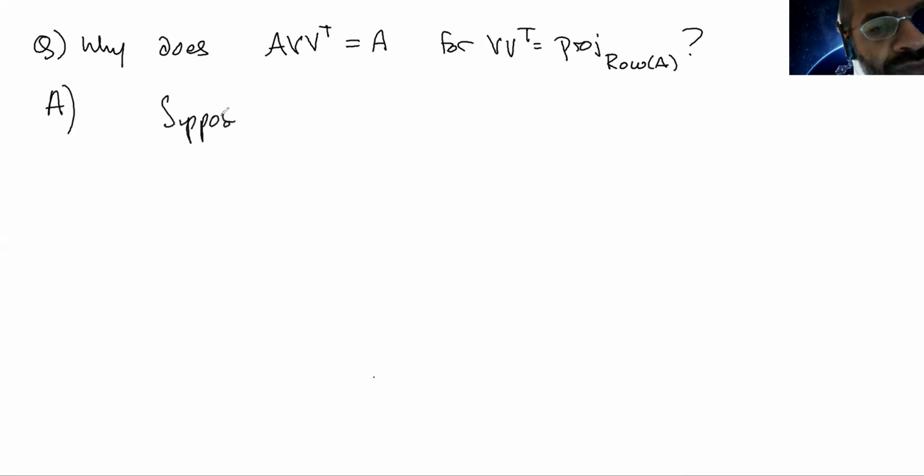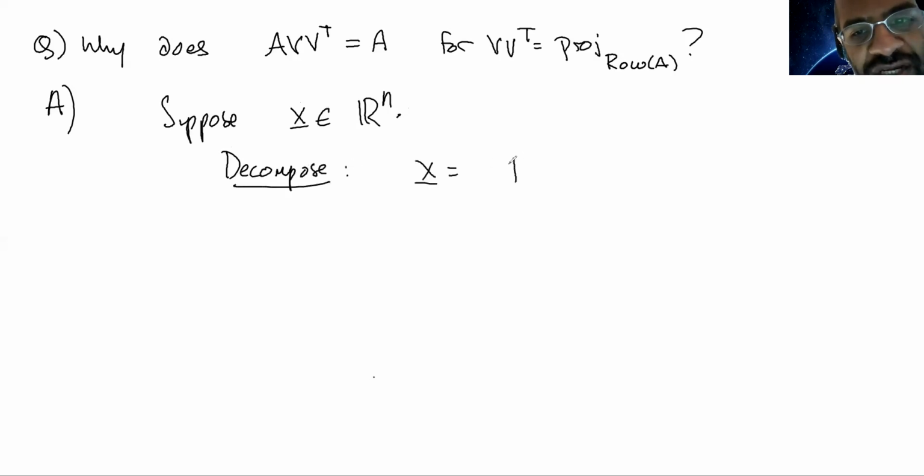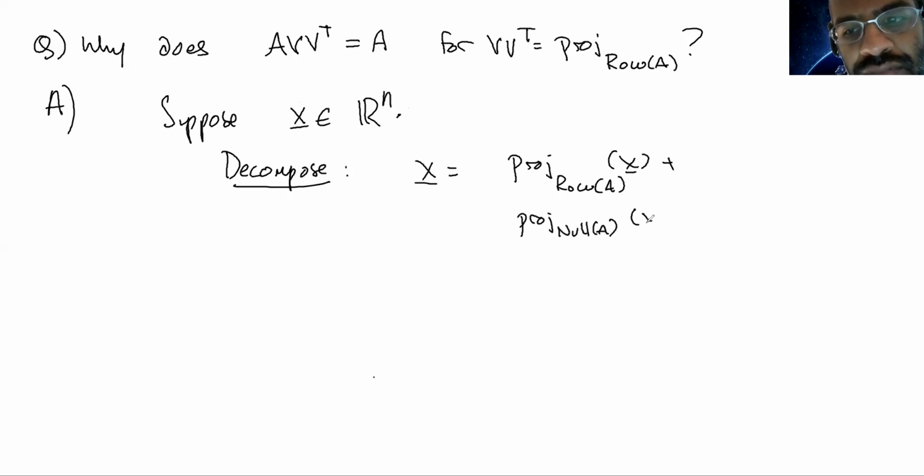Suppose x is in R^n. Let's decompose x as its projection onto the row space plus the projection onto the null space. I can do that by the unique decomposition theorem, right?